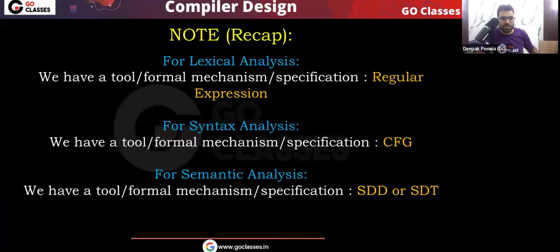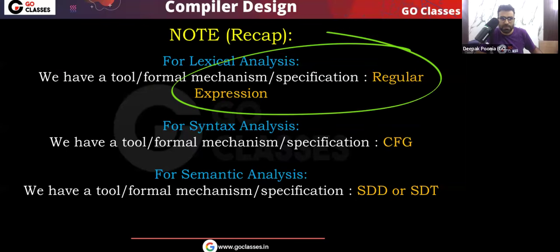Okay, so let's do some recap. In the previous lecture, all these concepts we have seen, so let me just revise them. The lexical analyzer, for the purpose of lexical analysis, uses a specification, or a formal mechanism, that is regular expression.